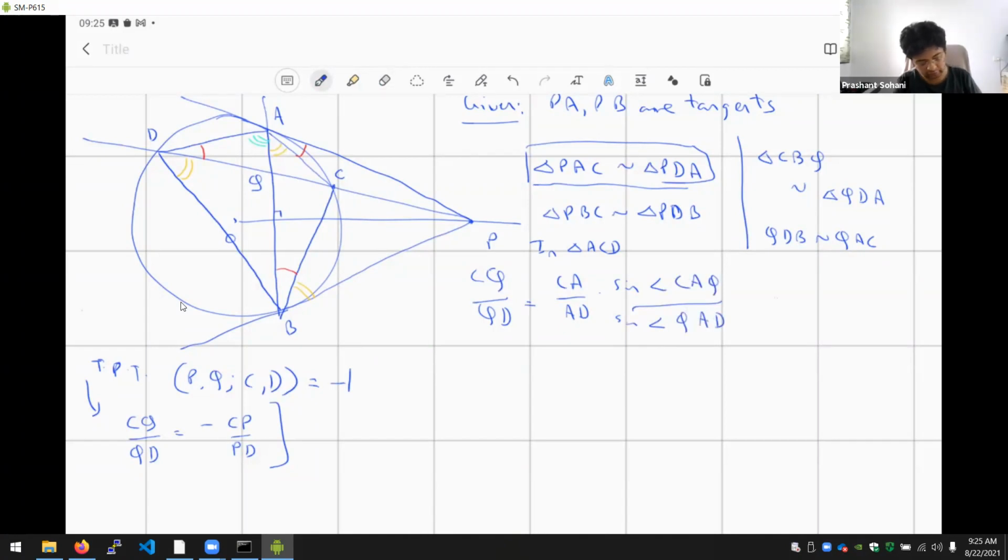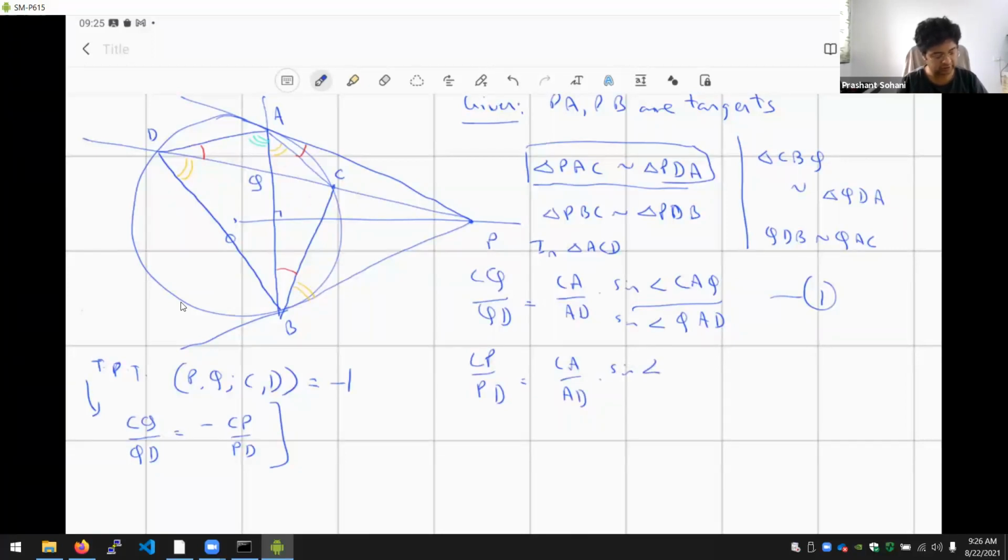And so if I call this statement 1, and I'm interested in CP upon PD also, CP upon PD can also be written in the same way. What will that be equal to? For CP upon PD, the only thing that will change is the angles, and the sines of those angles.